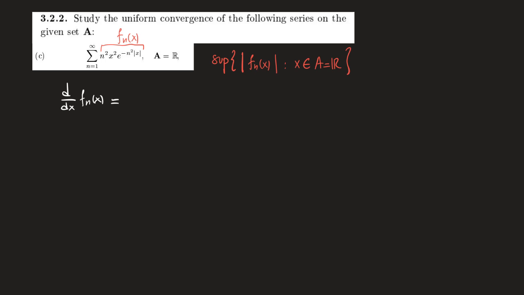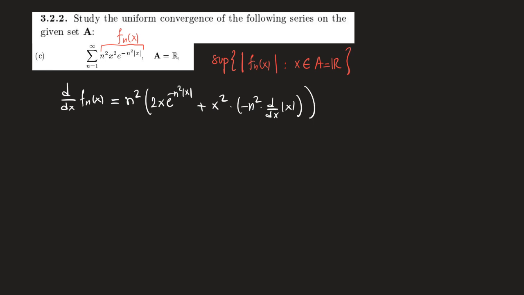You will get n square, which is independent of the variable so you can take it out, x square, so 2x e to the power minus n square absolute value of x, plus x square times the derivative of e to the minus n square absolute value of x, or n square d over dx of the absolute value of x.